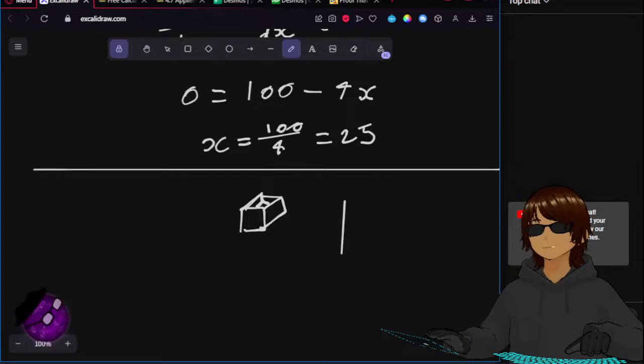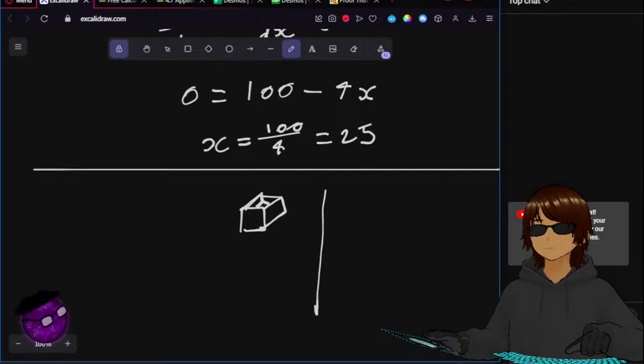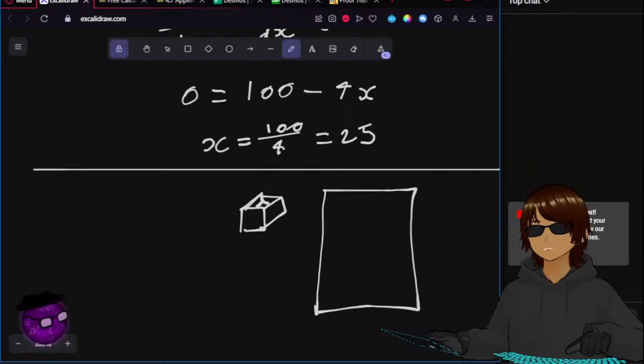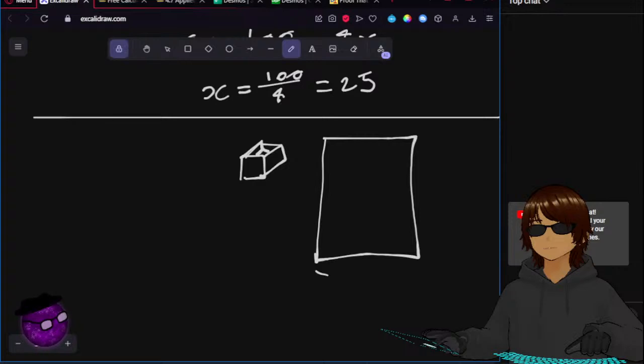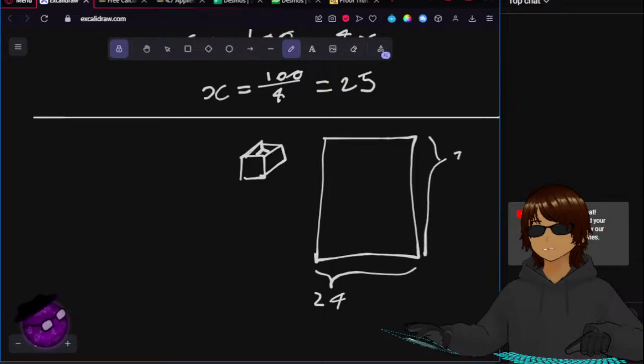So 24 by 36. 24, 36, and we have to remove squares of the same side, I assume.